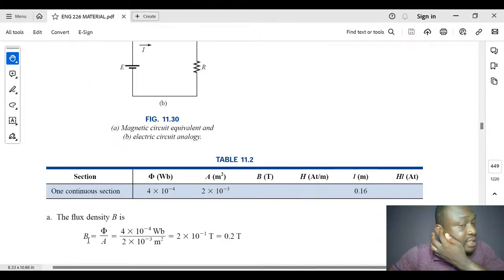Our flux density is equal to phi over area. This was the formula I gave you last week. And phi here is 4 times 10 raised to power minus 4, and area is 2 times 10 raised to power minus 3. When you divide them, you will have 2 times 10 raised to power minus 1, which is 0.2 Tesla, or 0.2 Weber per meter square.